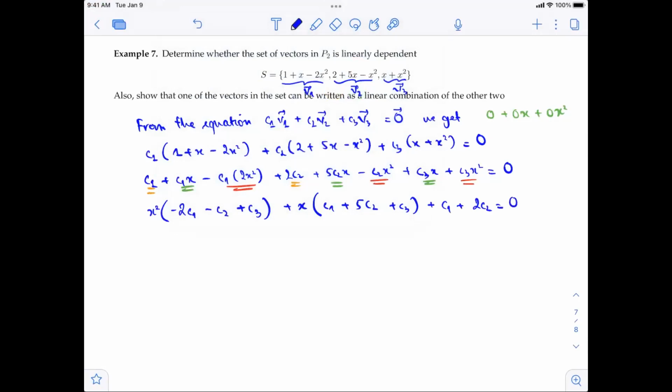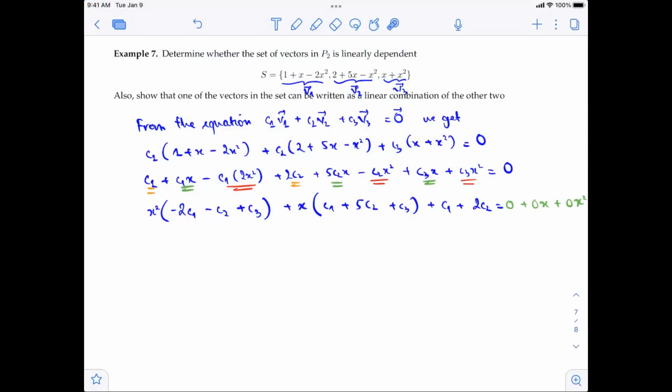All right. Now you're going to match the coefficients on both sides of the equation. So remember this particular form of 0 that we had earlier. Let's move it over here. What do I mean by matching the coefficients on both sides? This is the coefficient of x squared, and it matches with the 0 attached to x squared on the right-hand side.